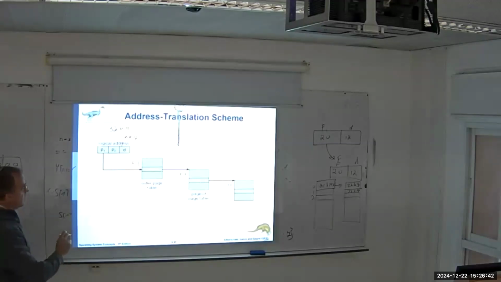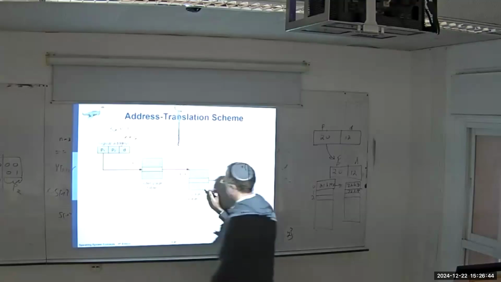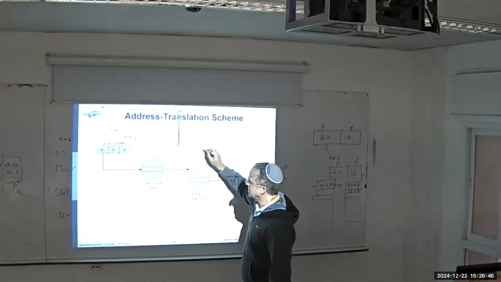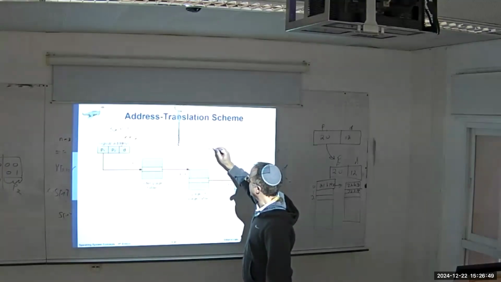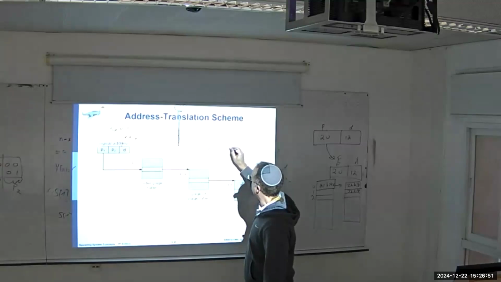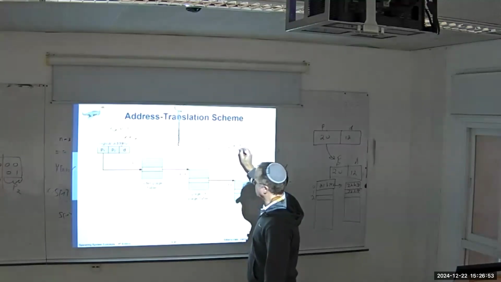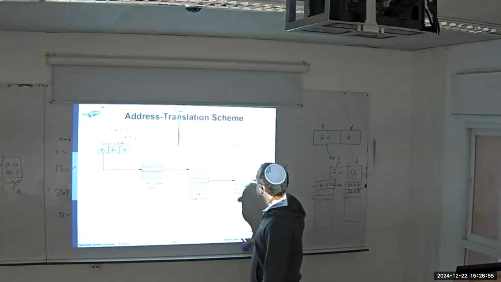How big is this? Well, it's 4 kilobytes, right? That equals 12 bits.